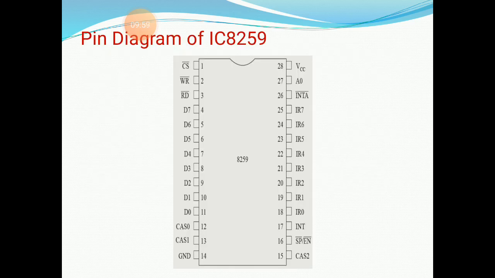Now let us see the pin diagram of IC8259. This IC is a 28 pin IC.